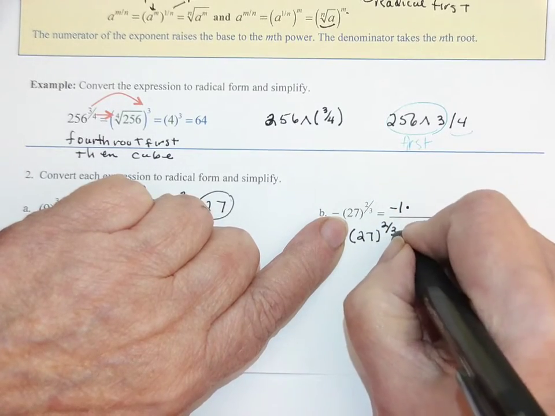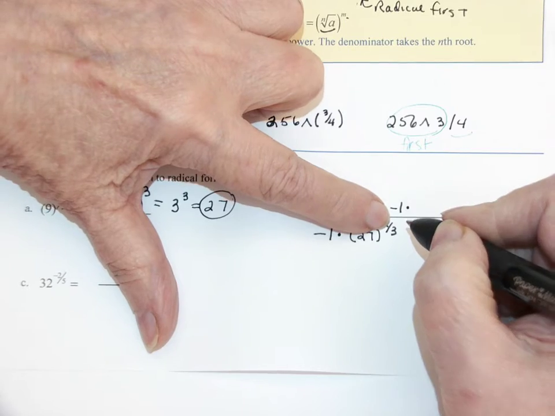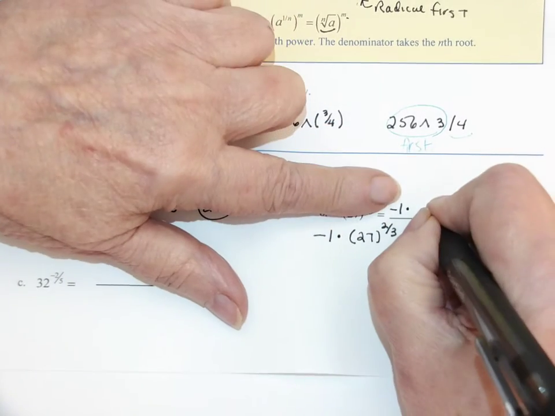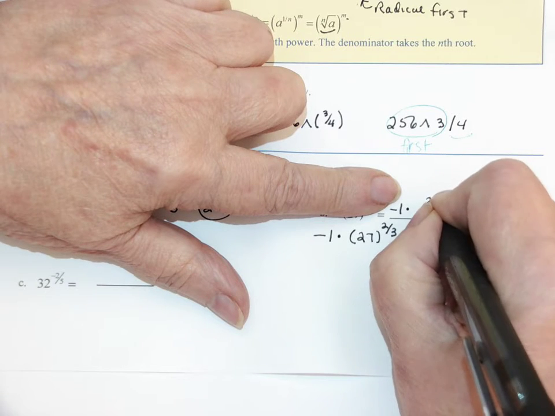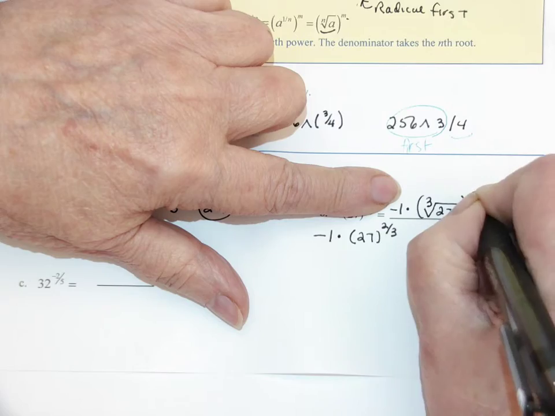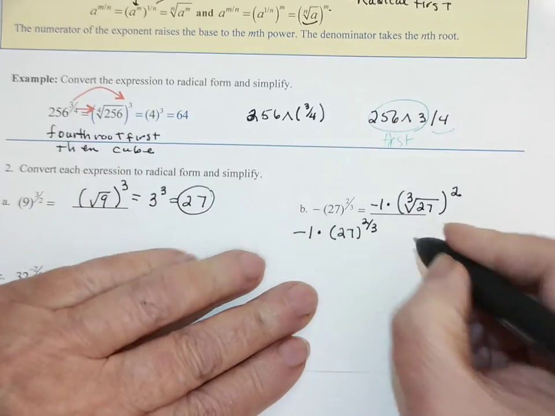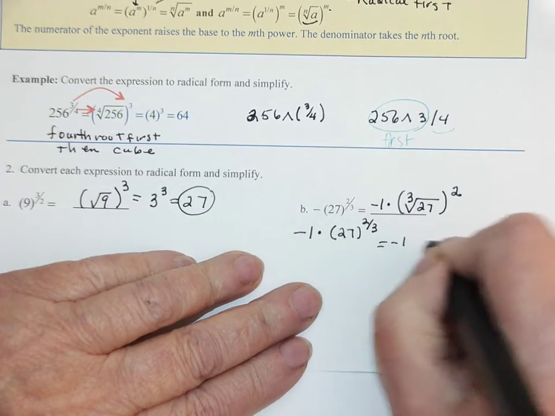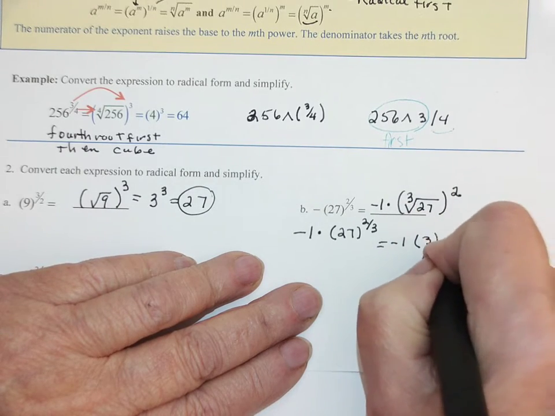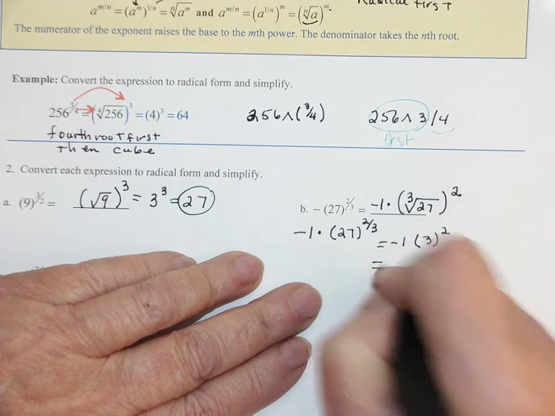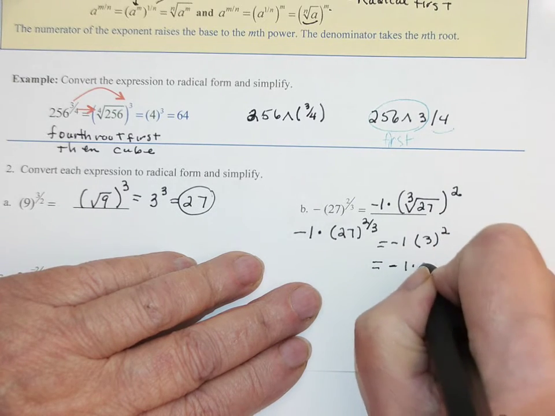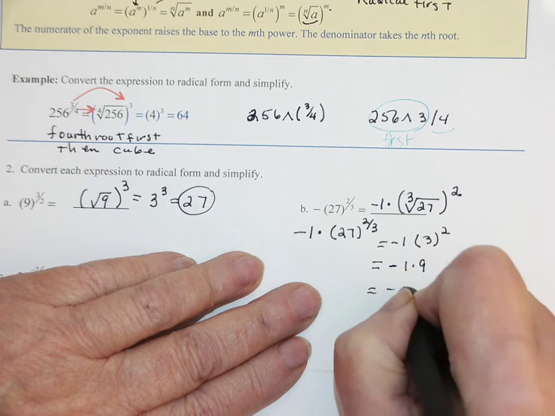Now, 27, if I again cover up that 2, it's a cube root. 27 is a perfect cube. So this becomes the cube root of 27 being raised to the 2 power, which is -1 times, cube root of 27 is 3 squared. Again, powers get done before multiplication. -1 times +9 is -9.